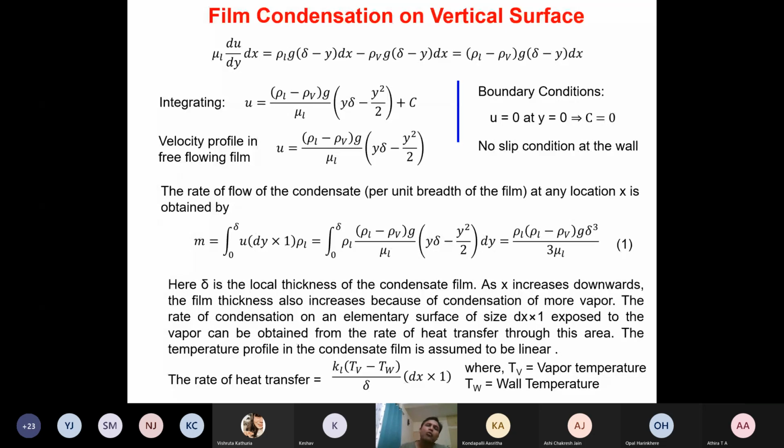At any location y, what will be the velocity profile across this y, that we can find out directly by integrating this particular equation. So delta x will get cancelled out and we can integrate everything.